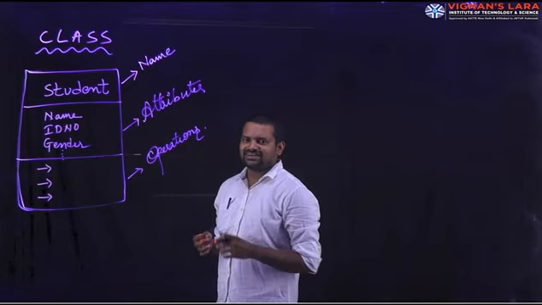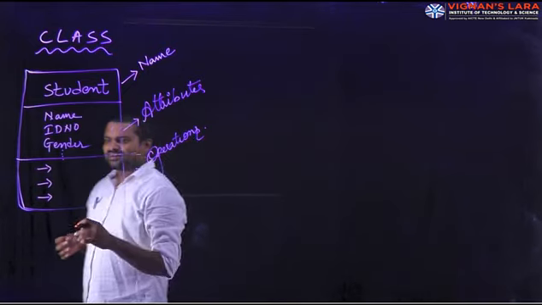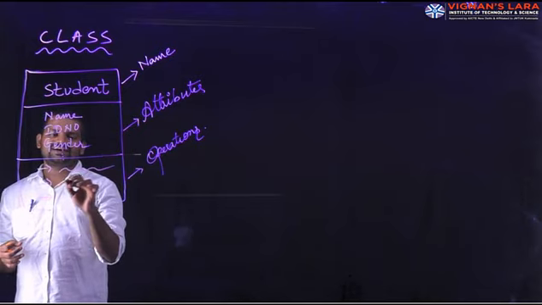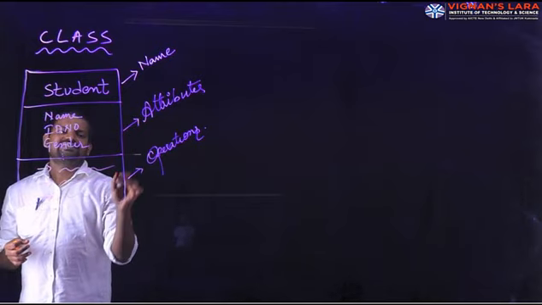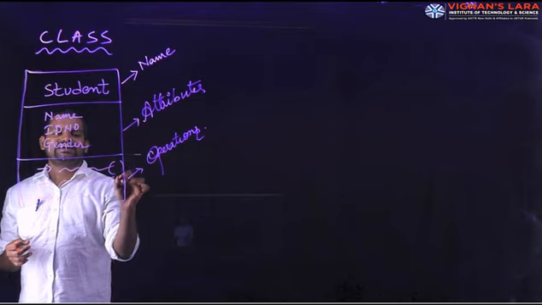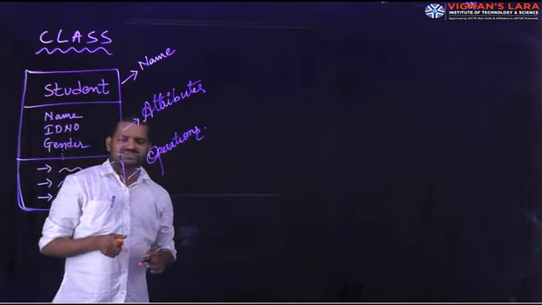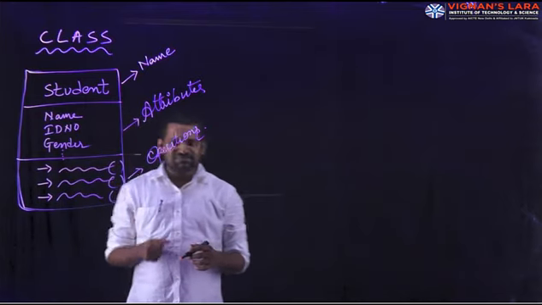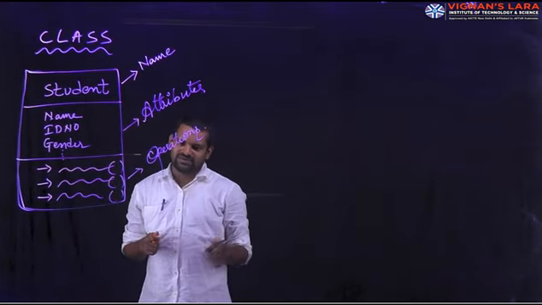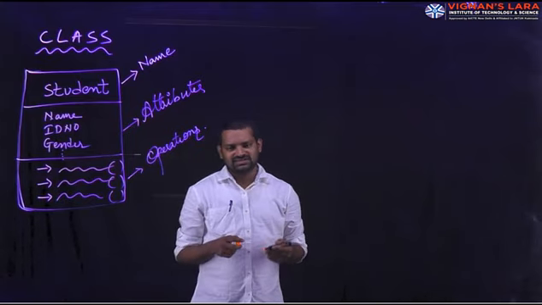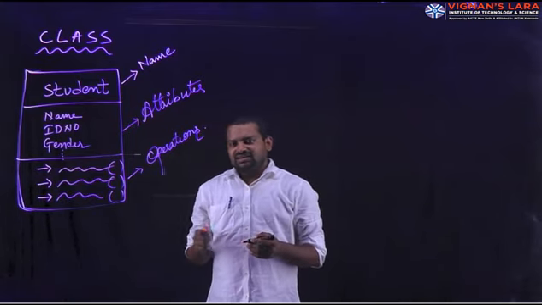Nowadays we are writing all online examinations. Like that, all operations are performed by the student. Each operation should be written with parentheses. Actually, this parenthesis represents methods in object oriented programming. Methods we simply represent like this.